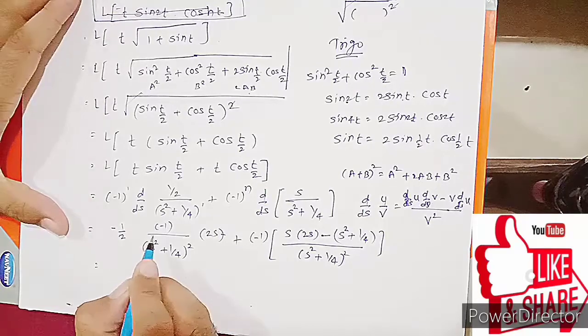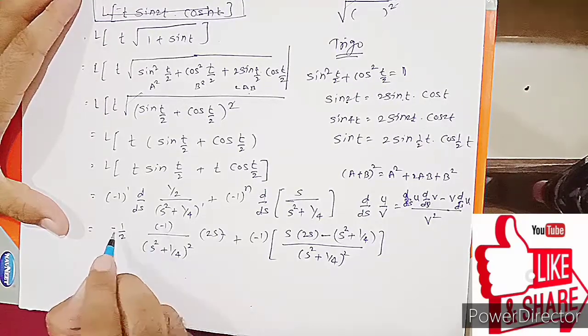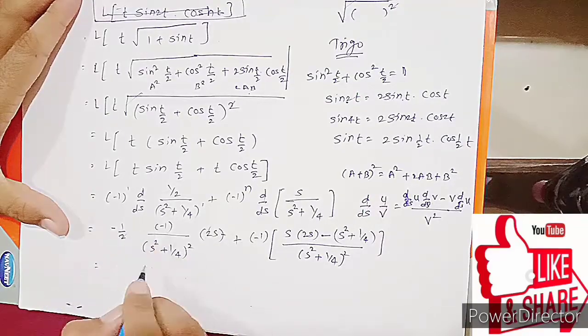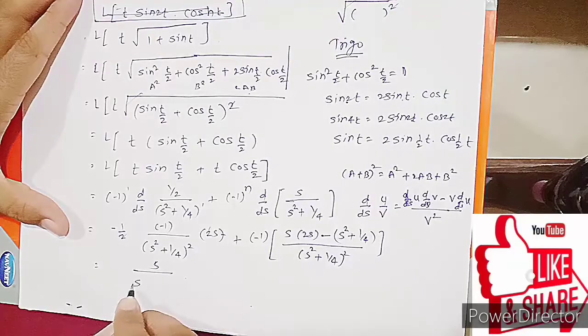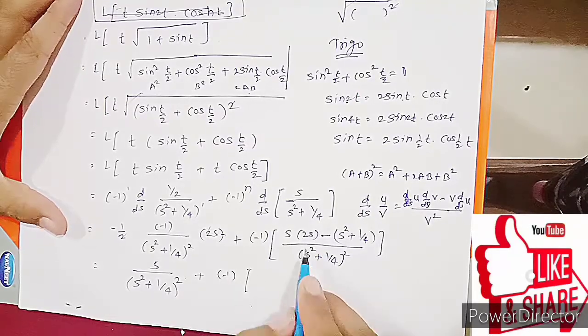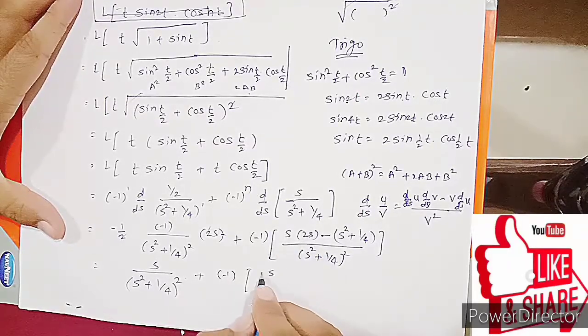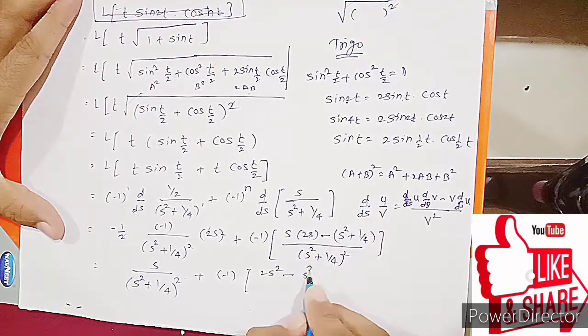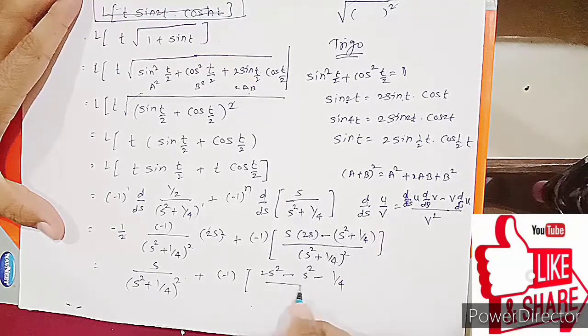Now what we do here? Minus 1 minus plus, so 1 by 2 and 2 get cancelled, that 2 and 2 get cancelled, minus minus plus, so s upon s square plus 1 by 4 bracket square plus, now minus sign we put as it is outside the bracket, so 2s square minus, अगर ब्रैकेट ओपन किया तो क्या होगा? ये s square minus 1 by 4, क्योंकि ब्रैकेट के बाहर माइनस साइन है, so all the sign will be changed, and s square plus 1 by 4 bracket square is as it is.